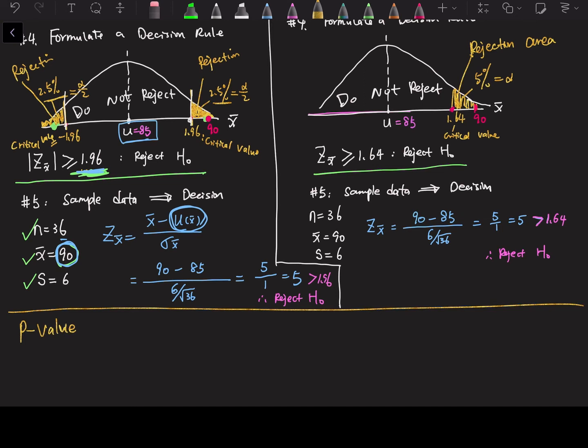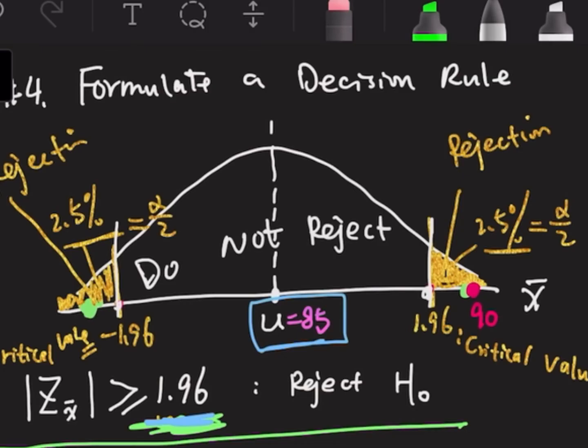The p-value is based on the sample statistic. So the p-value is based on the sample data. Using this data, we can solve for the p-value. In this case, it is a two-tailed test, so the p-value equals, graphically, this area, using the sample data 90: the probability that x bar equals 90 or is more extreme than 90.